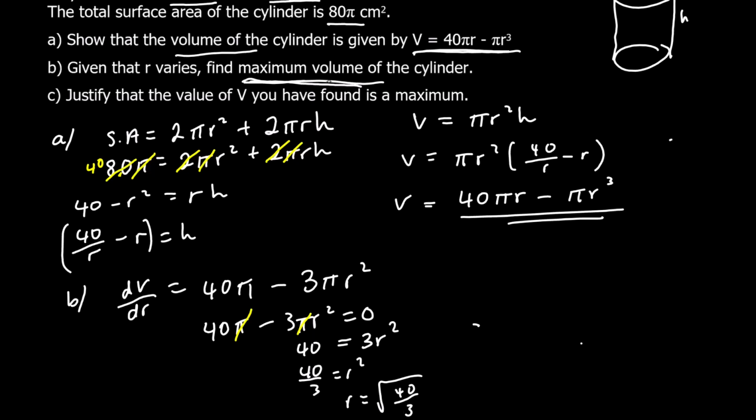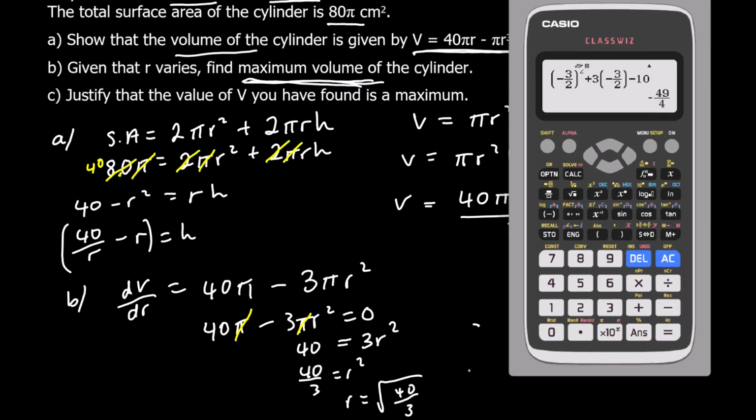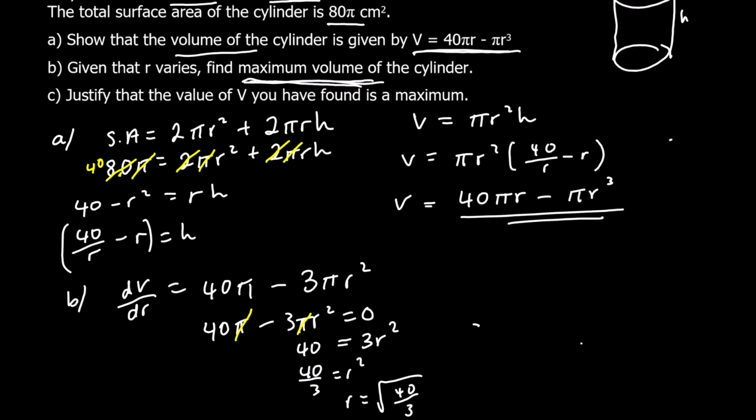So find the maximum volume of the cylinder. So we don't want r, we want V. So the square root of 40 over 3 is r. V is 40 pi r minus pi r cubed.